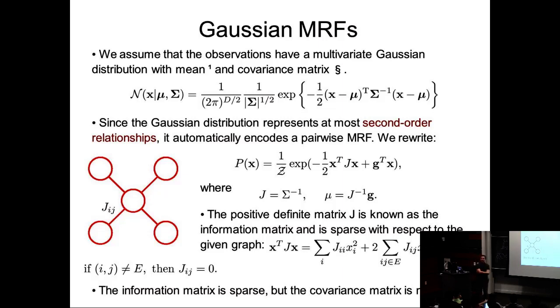That's the definition of the multivariate Gaussian. Now, the Gaussian distribution represents, remember, the second order relationship, right? It's mean and covariance between two variables. It basically encodes a pairwise Markov random field, right? You're incorporating second order statistics.